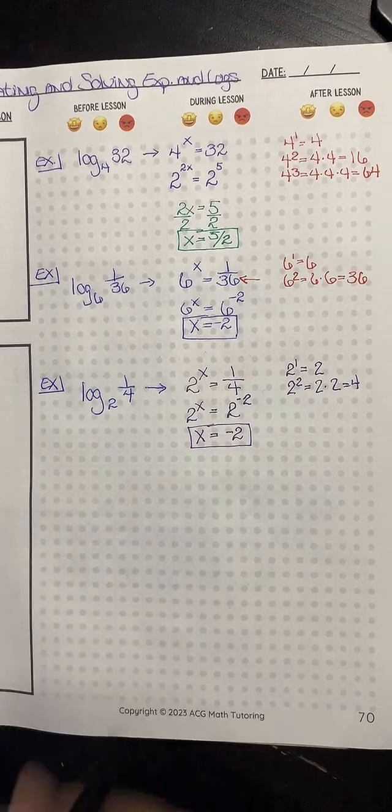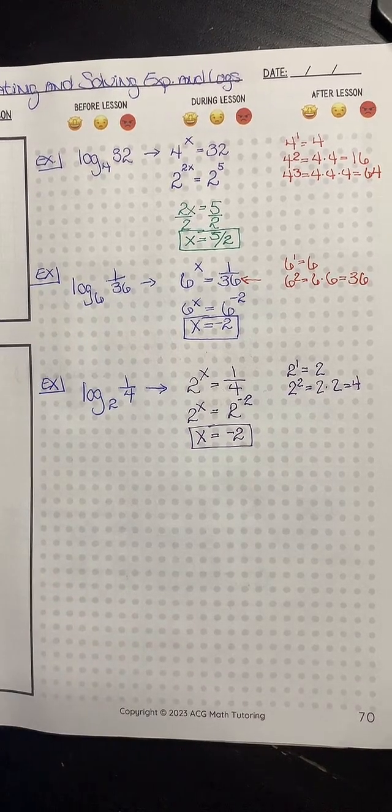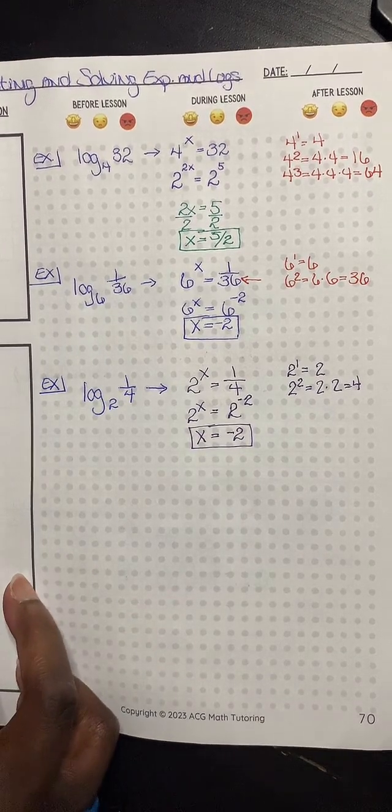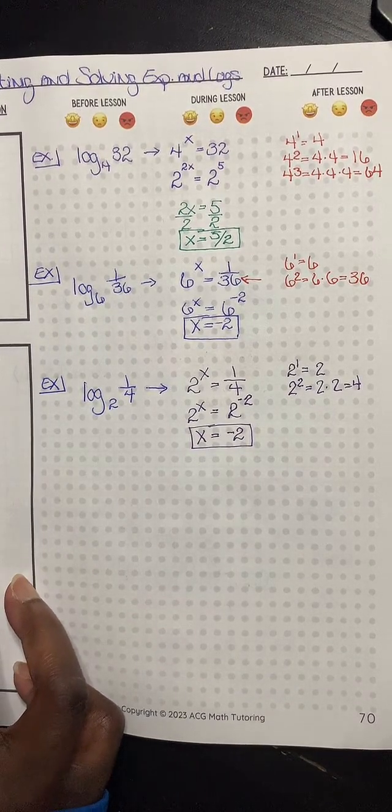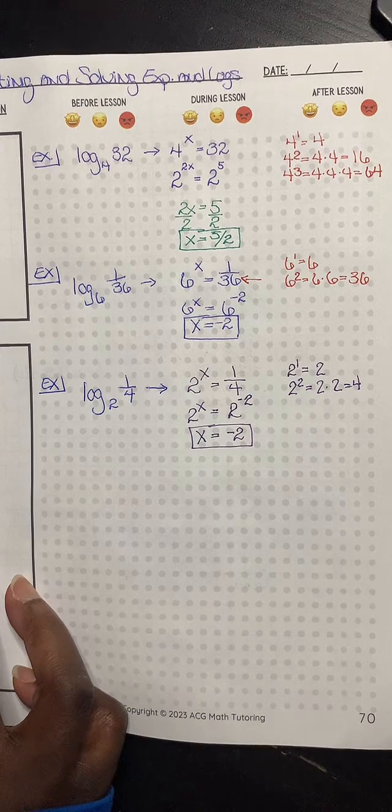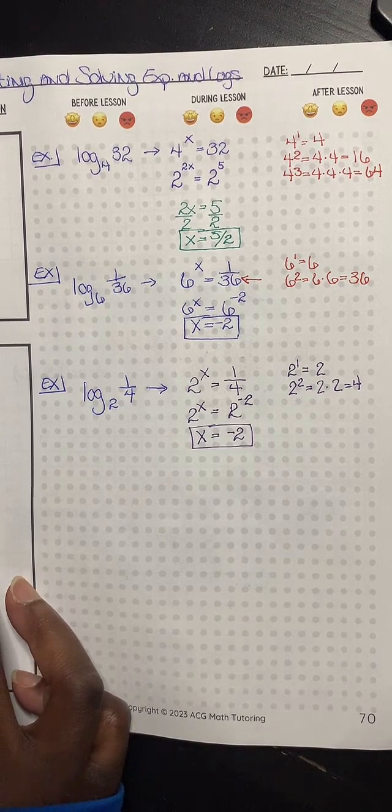So let's try one more. Okay. What are we learning today? Evaluating and solving. Well, right now we're doing the evaluation piece. So if I have, let's see, this one.